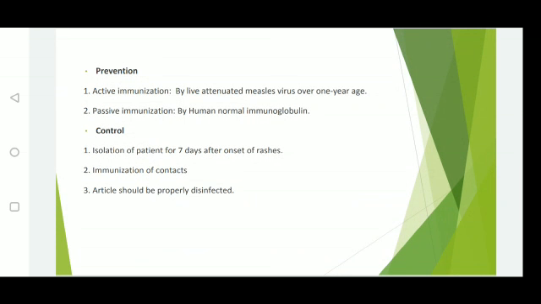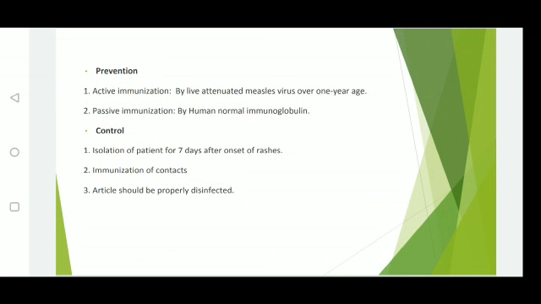The active immunization for measles is given as the live attenuated measles vaccine, over 1 year of age or at 9 months, in the form of the MMR vaccination.